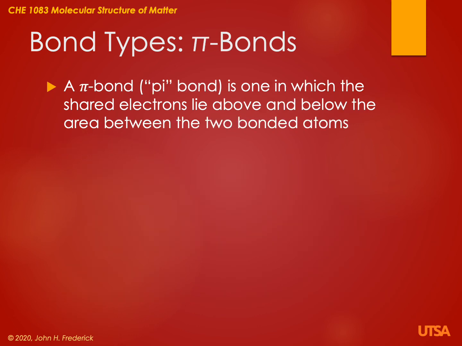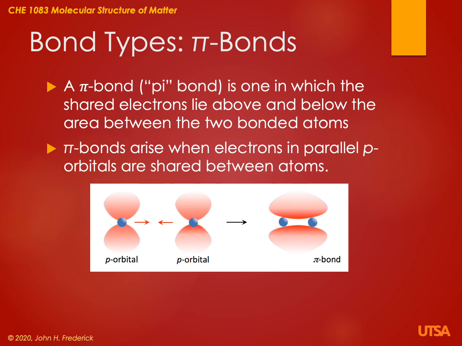So now let's talk about pi bonds. A pi bond is one where the shared electrons are above and below the area where the two bonded atoms are. And they are formed when we take two parallel p orbitals and share them between atoms. So here we see two p orbitals. Remember, they had that characteristic shape like a dumbbell of an upper lobe and a lower lobe, and there's a place in between where you don't find electrons.